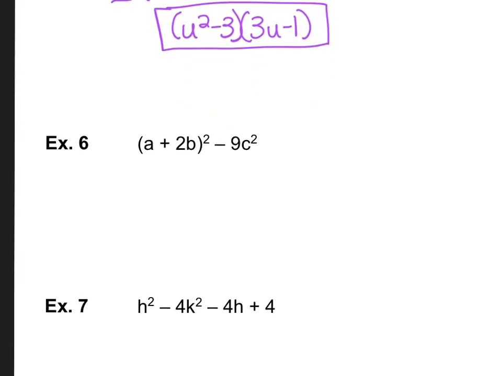So number 6 is a special case because this is actually a difference of the squares. If you can see right here, a plus 2b squared is a perfect square. It can be broken down into a plus 2b times a plus 2b.